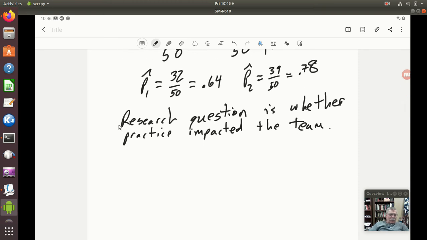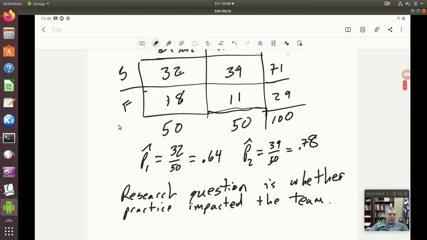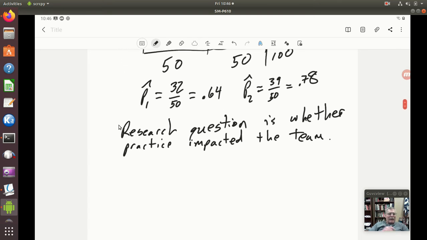And we call it a difference of two proportions in this case because in order to get a confidence interval, that's what we do. We take the difference. Okay? So here we could take, I think I'm going to go with P2 minus P1 for that confidence interval, just because I have the bigger number here.